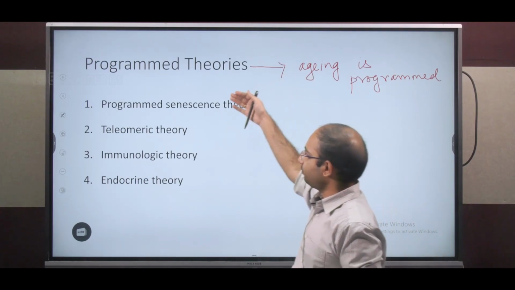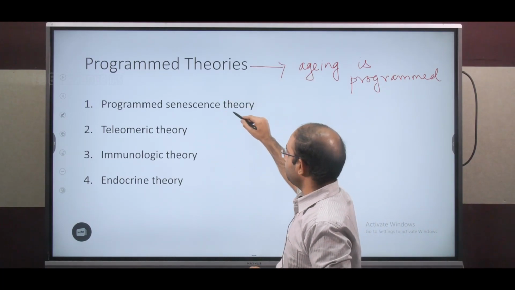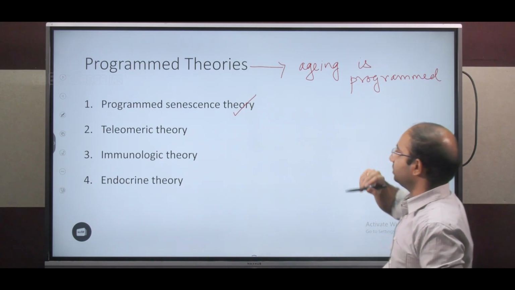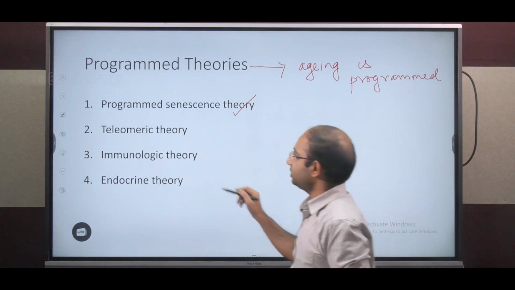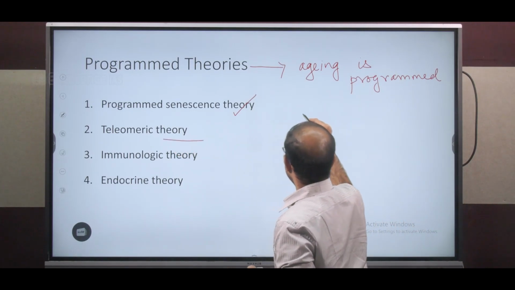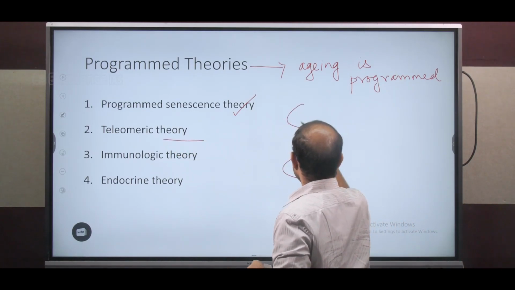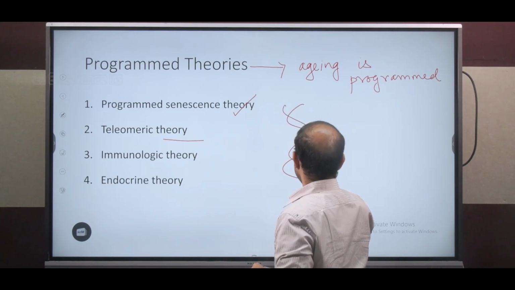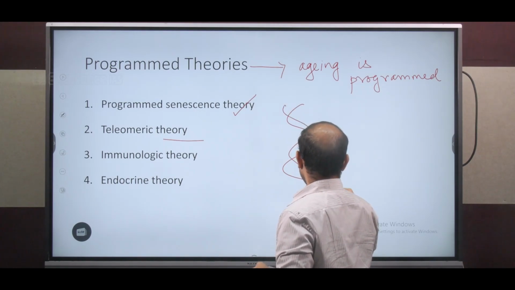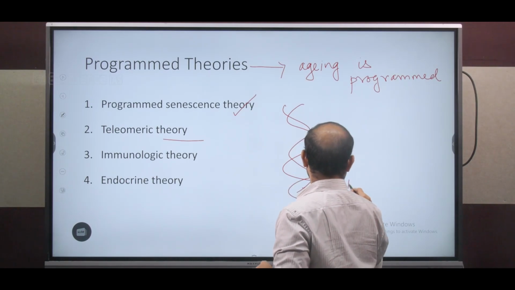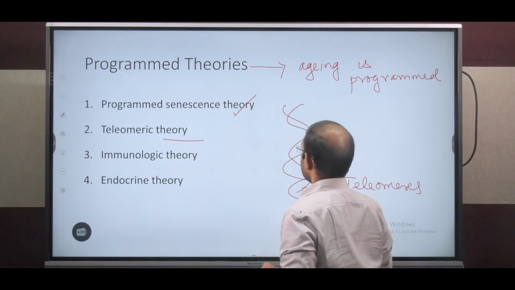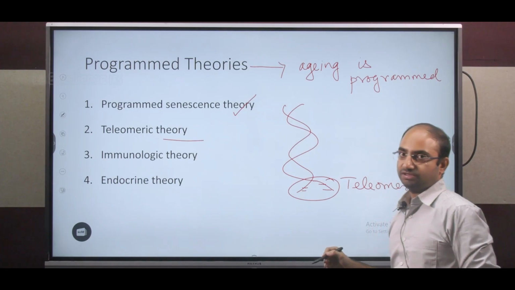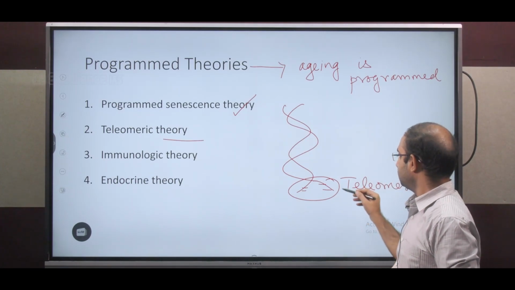And in this approach we have four theories. One is called programmed senescence theory. This believes that senescence or old age is programmed into our genes itself. Then there is telomeric theory. Telomeric theory tells us that if you take our DNA, which has a double helix structure, at the end of every DNA you have something called telomeres, and these telomeres become shorter and shorter with cell division and with age.